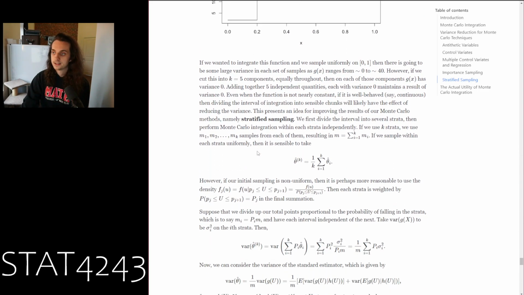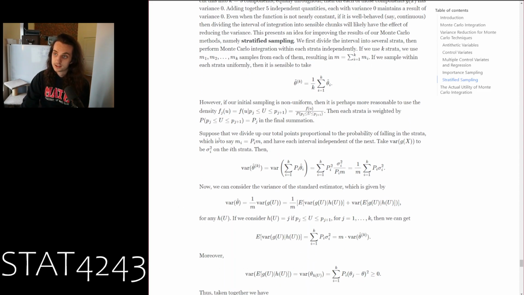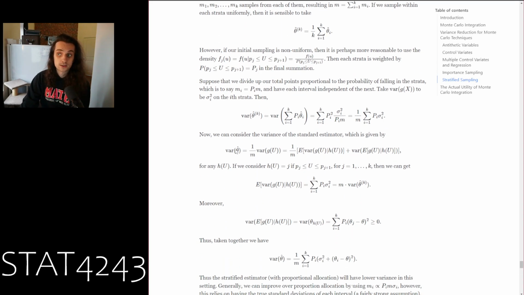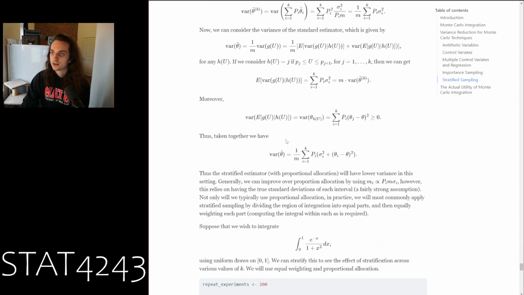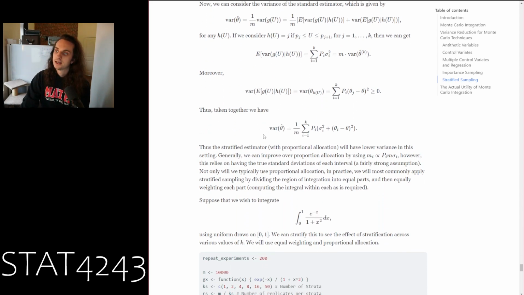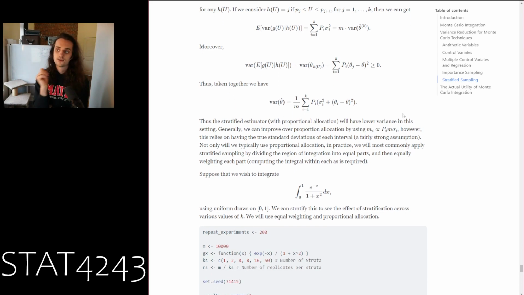flat parts, right? And so then we can work through, we define our notation about being in each of these intervals, right? And we work out what's the variance of this estimator, work out what's the variance of the underlying estimator, right? And therefore, what we know is that the variance of theta hat is going to be larger if you're not using proportional allocation. Now, almost always, what we're going to do is divide up our region into equal parts, right?